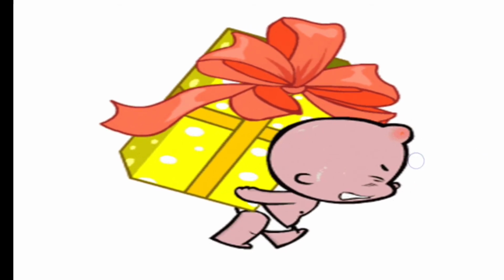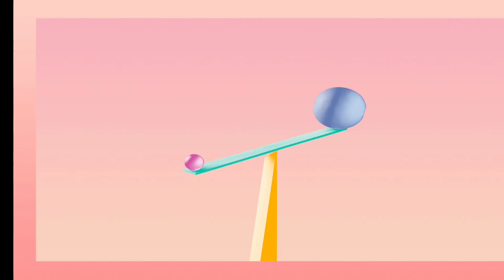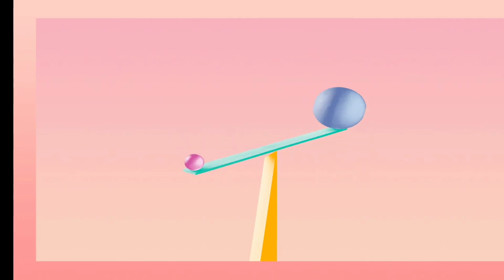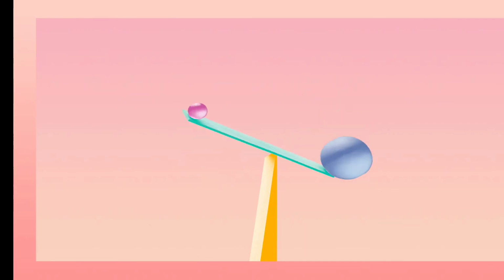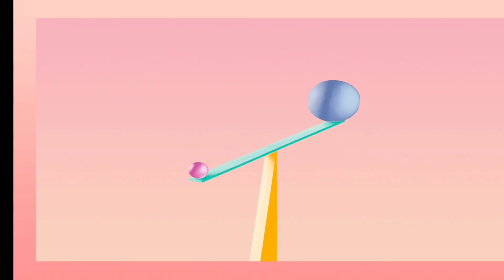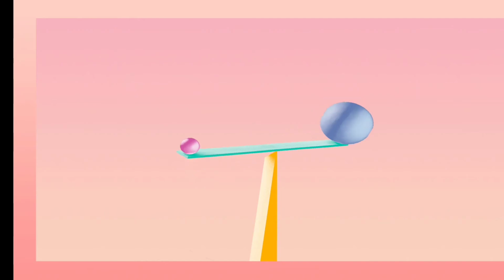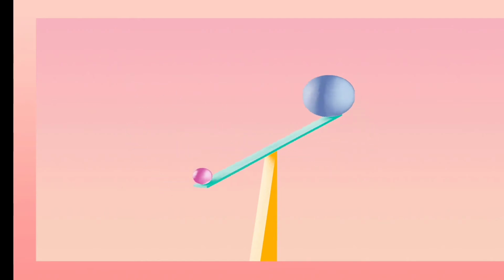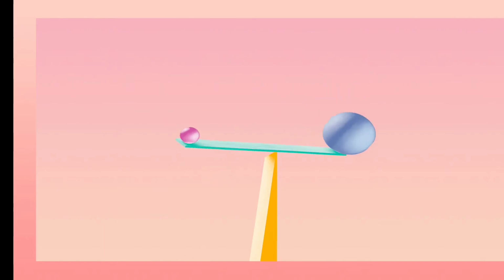And look at this one. Today we are going to use a balance. If you look at this balance here, we have a big blue ball on the right and a pink ball on the left. Do you see that this balance keeps going up and down?